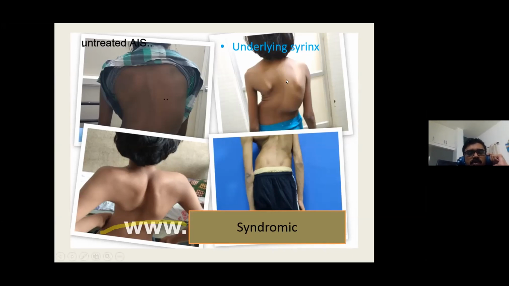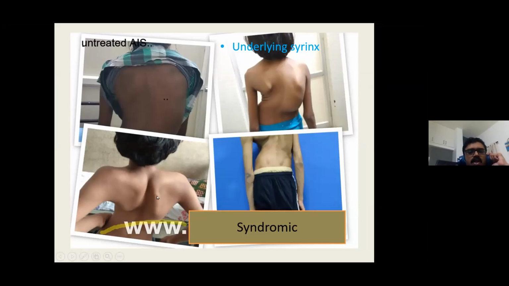We were following up this child for the last 2 years, thinking it was adolescent idiopathic scoliosis, but by the time she became 13 and post-menarche, her curve suddenly progressed. We were looking for a reason why the curve became so rigid and so severe, and we found that the child had an Arnold-Chiari malformation with a hollow cord syrinx.